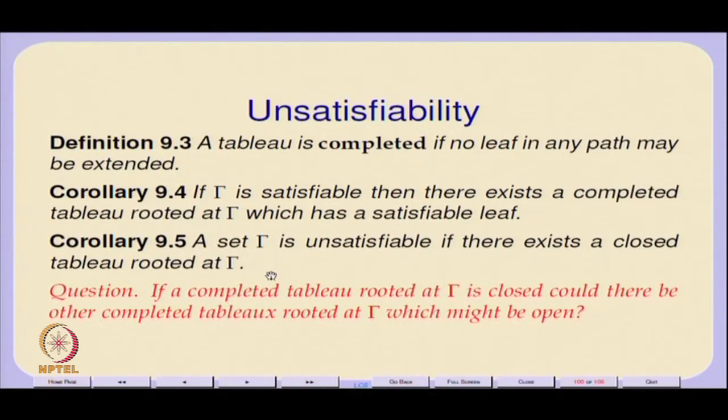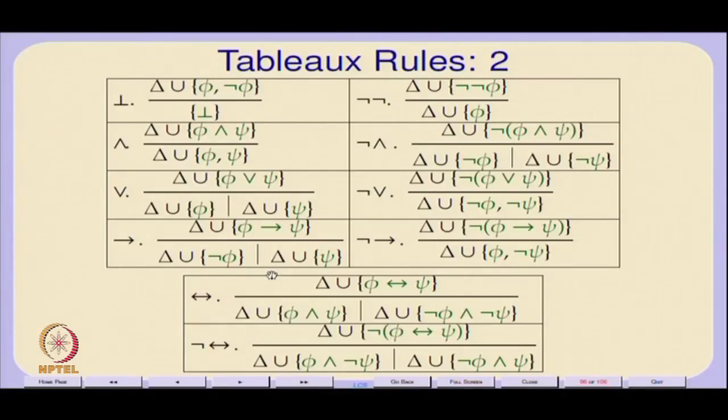So the main question in this particular case is, for a given set gamma, there could be many different tableaus, because it all depends on which formula phi in the set of formulas I choose as a candidate on which to apply a rule.